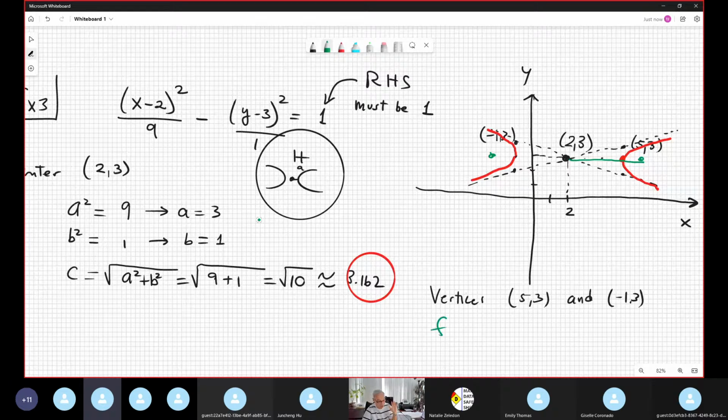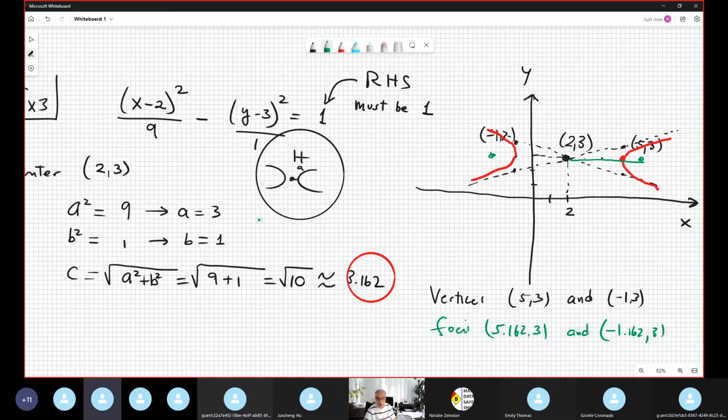The foci are located then at the point (5.162, 3), because it has the same y value as the center. In the opposite direction, we subtract this number, 3 point something, so we get -1.162.